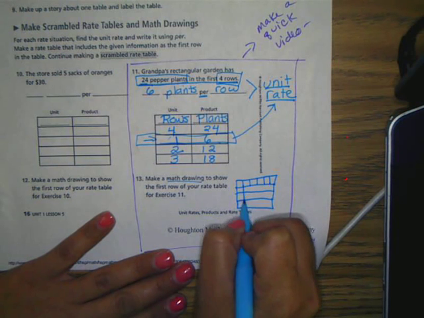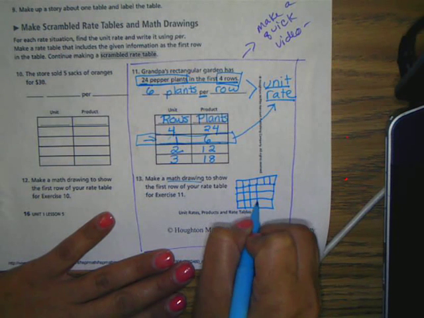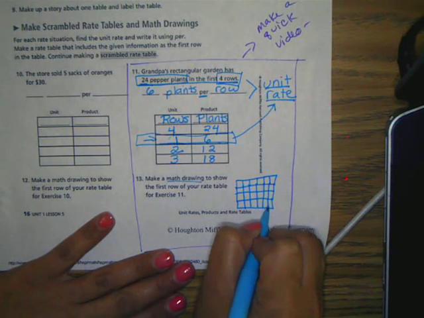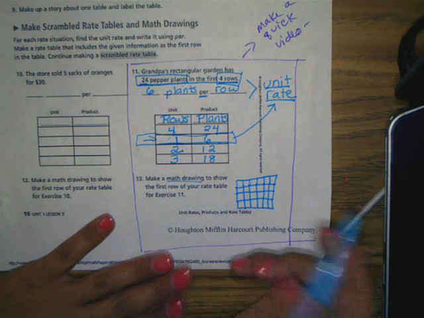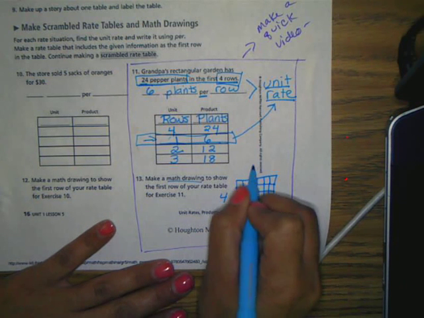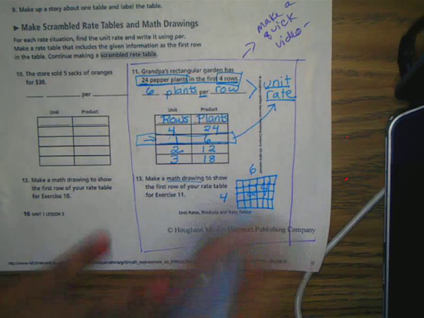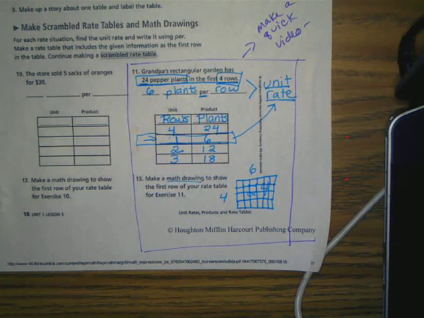So maybe I just separate it out like that. And then I could show, 4 times 6 is 24. That's a math drawing. One example.